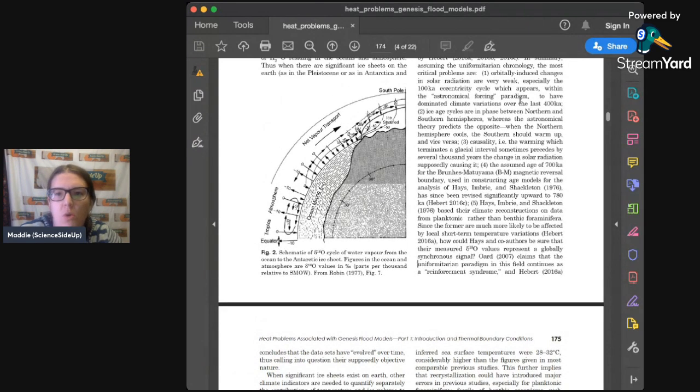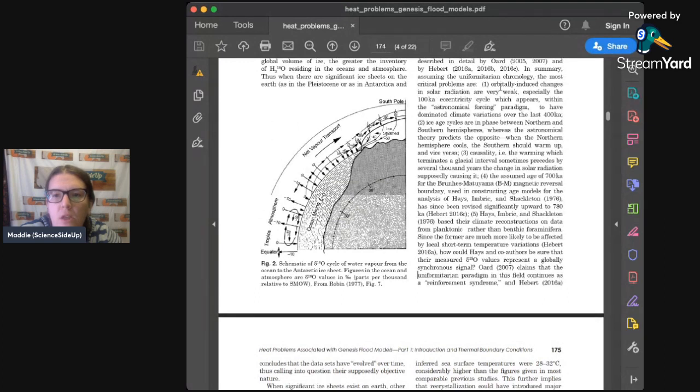So one, you don't need much change. This is something that people struggle to understand about incoming global energy. A small change in, say, temperature, so this is that incoming solar radiation, that incoming energy from the sun.